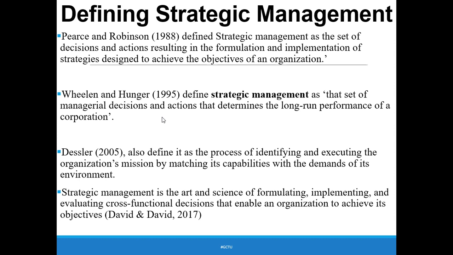So if you take a sober look at the explanation by David and David, and you juxtapose that with the preceding definitions, you realize they attempt to capture the salient processes that we go through in the strategic management process.